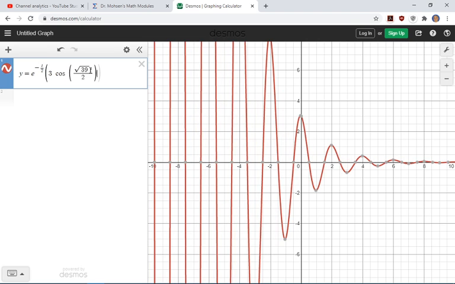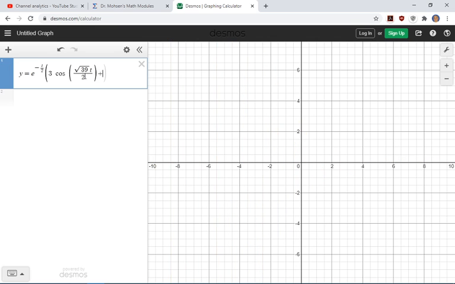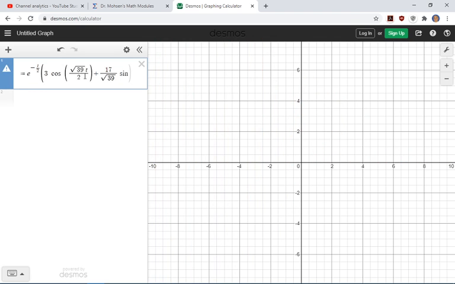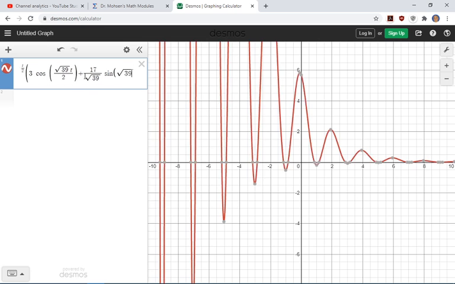It's very important that you notice what went on here. So t is outside of the radical, and this number is outside of the radical, and those things have to be done carefully. Plus, then we have 17 over the square root of 39, again right arrow, sine of the same thing, sine of SQRT 39.